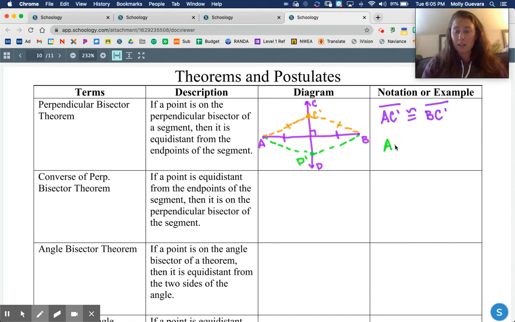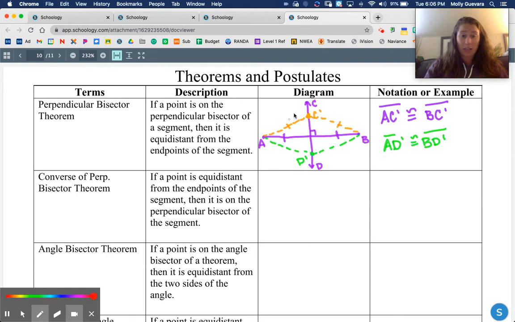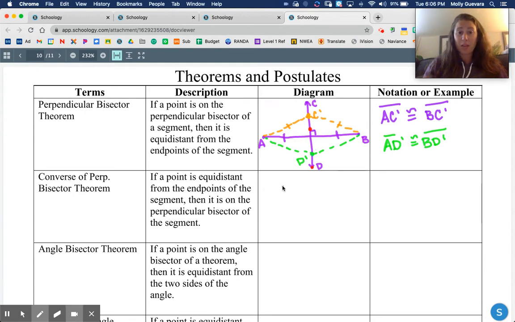A to D prime is congruent to B to D prime. And I can continue to pick points. I can pick this point and it would do the same thing. I can pick this point. I can pick a point way down here. It doesn't matter. As long as CD is that perpendicular bisector, the endpoints will be equidistant to any point on this line.